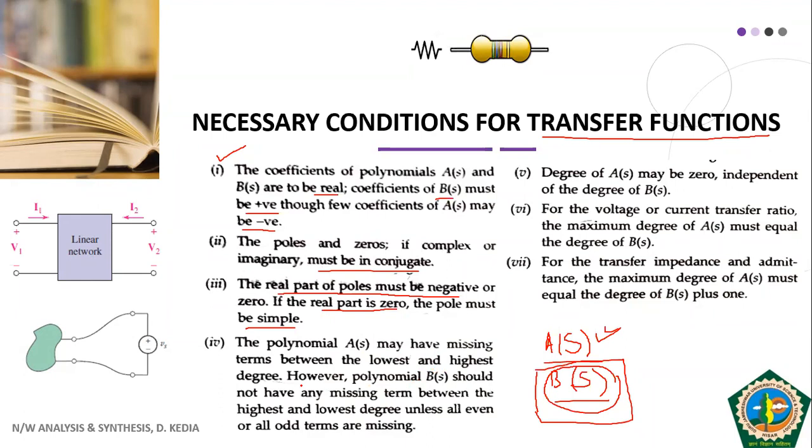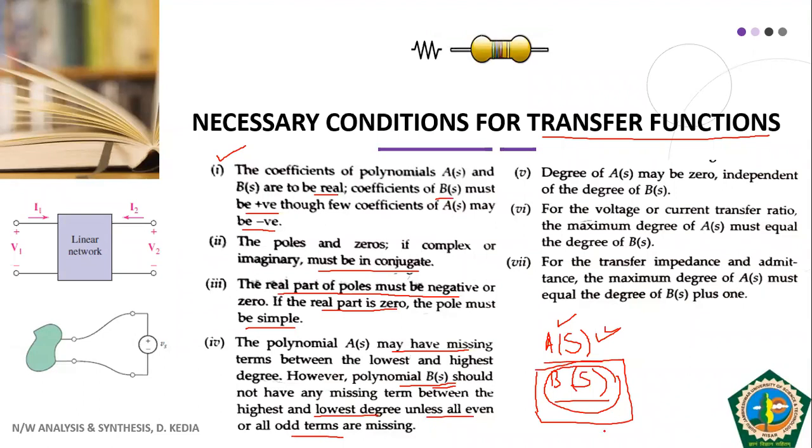Okay. So what does it say? That in case of as, in the numerator part, we may have some missing terms, but in case of bs, there must not be any missing term, apart from all evens or all odds. So students, try to understand here the restrictions that we looked into in the previous slides.